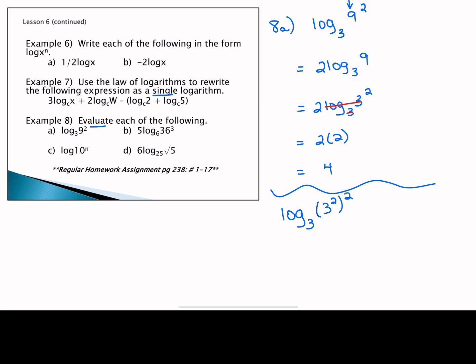It's still raised to the power of a 2. So we know power of a power means multiply. So if you have log base 3 of 3 to the power of 2 times 2 or 4, we still have the base of the log matching the base of the argument behind it. So our little trick to simplify is to say, well, our final answer in this case is still just 4.